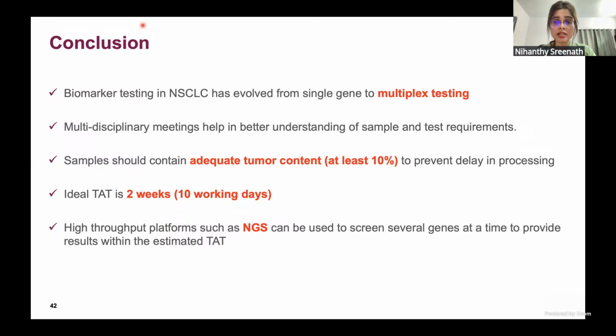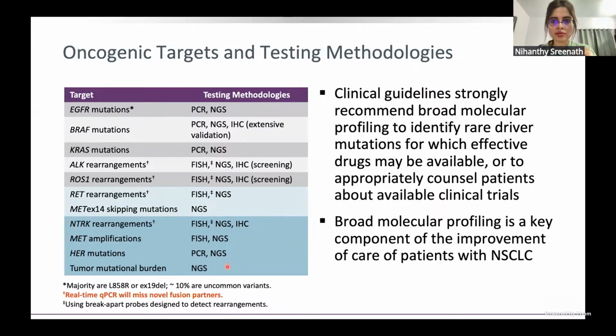NGS is quite easy because the entire platform, all the molecules, even the resistance pathways, and the entire genomic profile can be seen. More importantly, the ideal turnaround time is now 2 weeks, so the working hours are also reduced. As a result of the high-throughput platform of NGS, this enables us to know the driver as well as the passenger mutations.